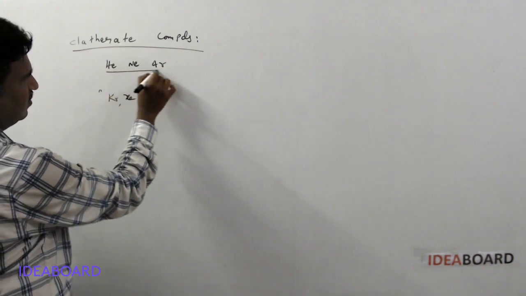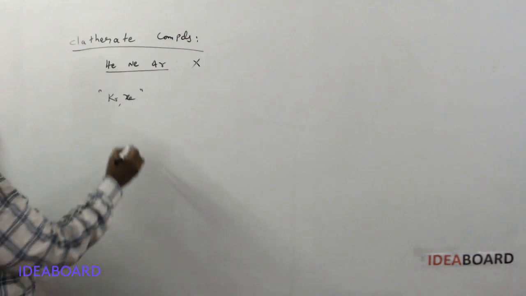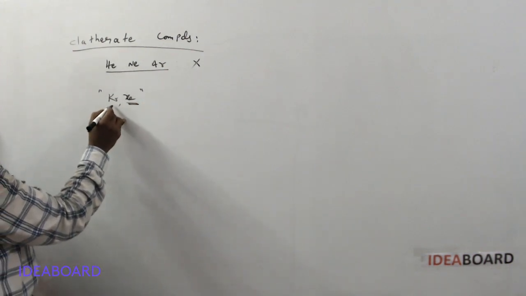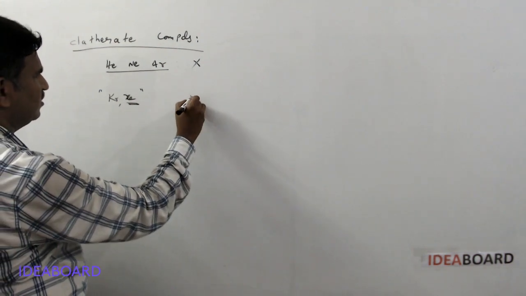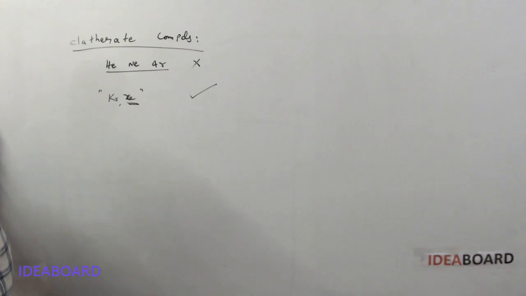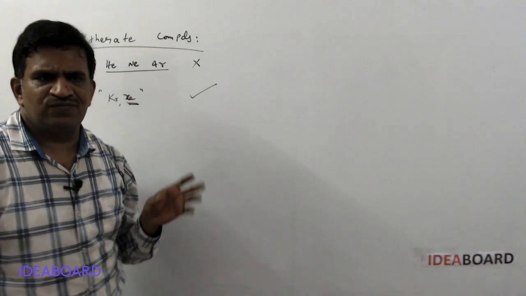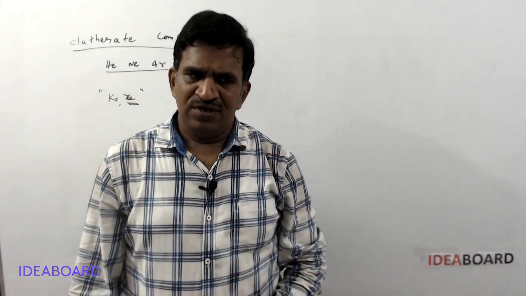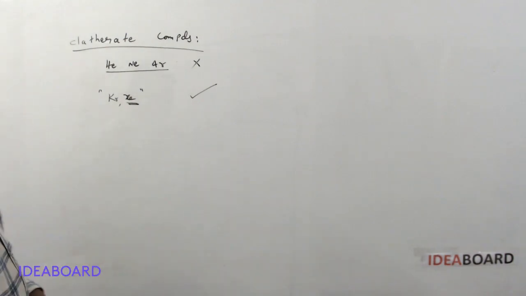So helium, neon, argon don't form clathrates. Krypton and xenon, mainly xenon, form clathrates. So they asked a question previously, which of the following noble gases forms clathrate compounds? Here the answer is krypton or xenon only.